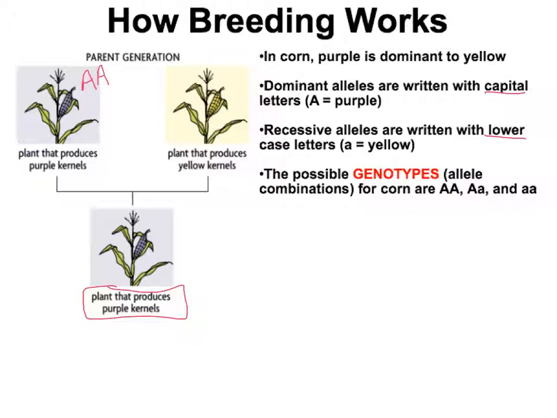This yellow plant would be little a, and this purple offspring, it wouldn't be big A. It's actually going to be big A, little a, where one of the purple alleles masks the yellow allele. Now, if this is confusing, let's take a closer look at how this happens.